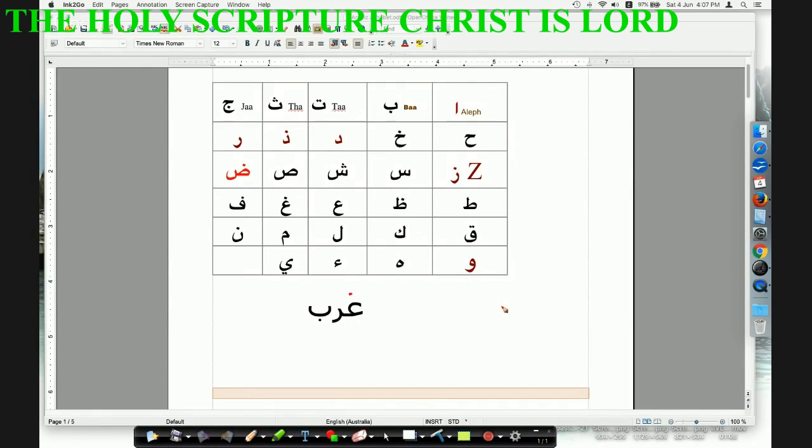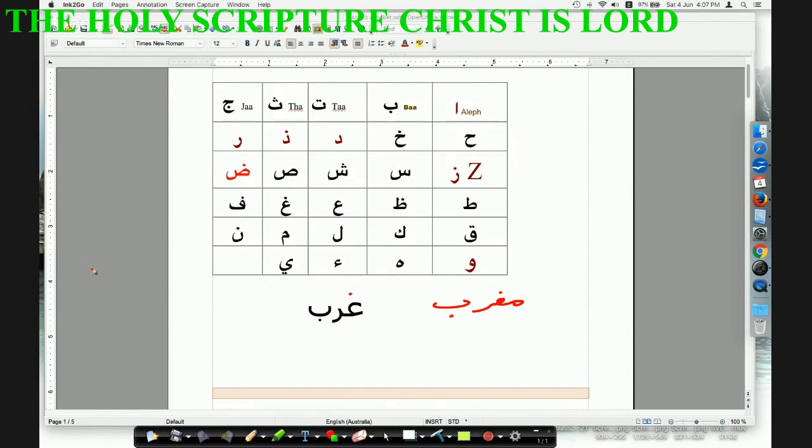Let us see if we write the word Maghrib. You see, the same as A, but I will add a dot on the top, and this is letter Gha. Maghrib. All of you have heard of the word Morocco.